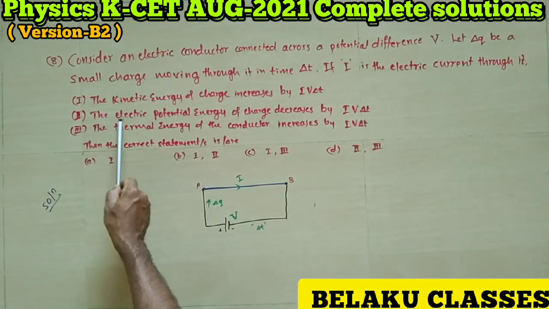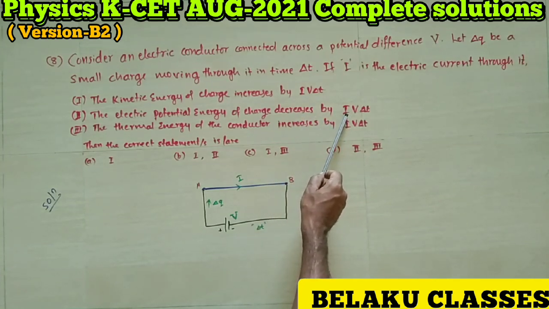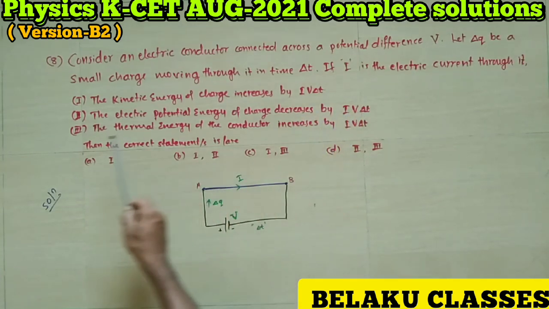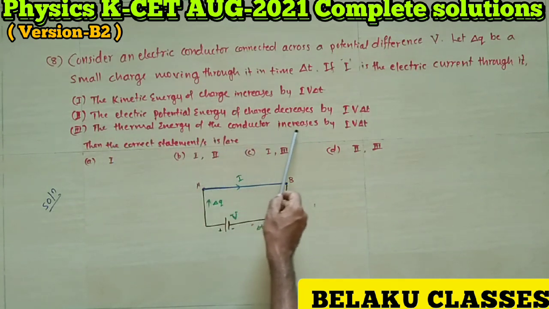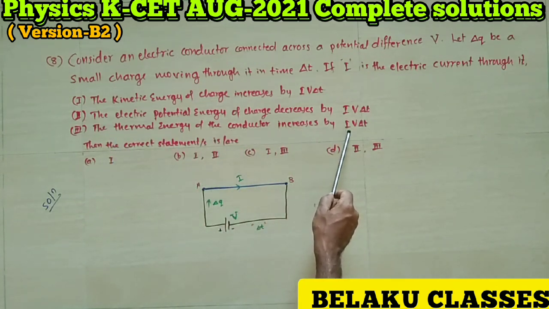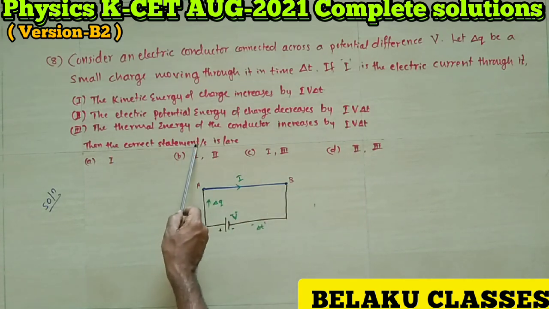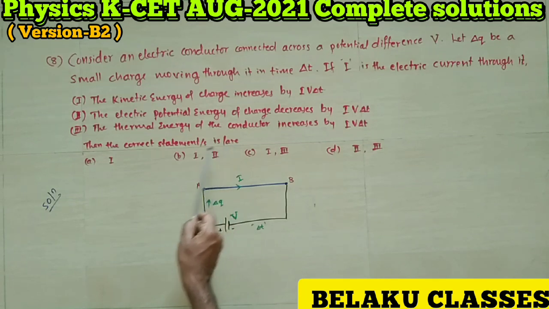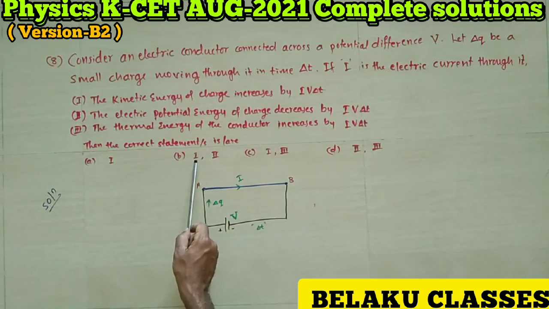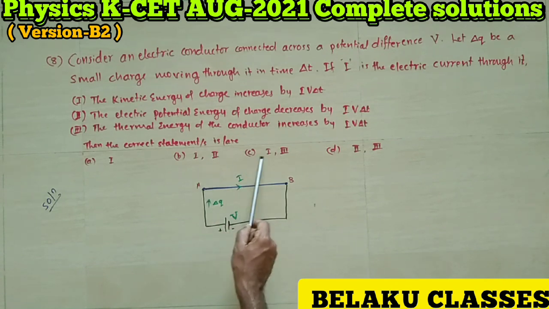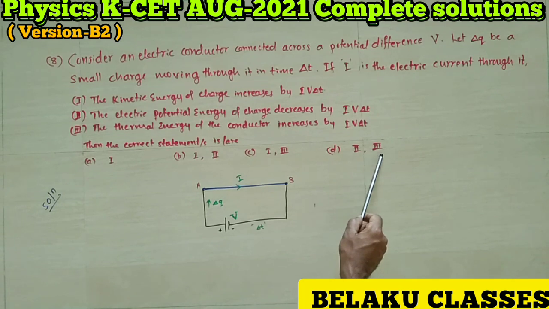Second, the electric potential energy of a charge decreases by the factor I into V into delta t. Third, the thermal energy of the conductor increases by I into V into delta t. Then the correct statement or statements is or are: option A, first one; option B, first and second; option C, first and third; option D, second and third.